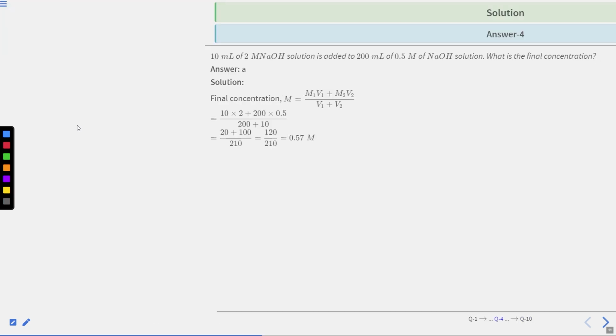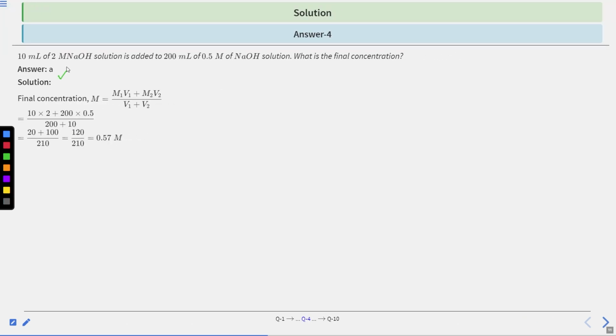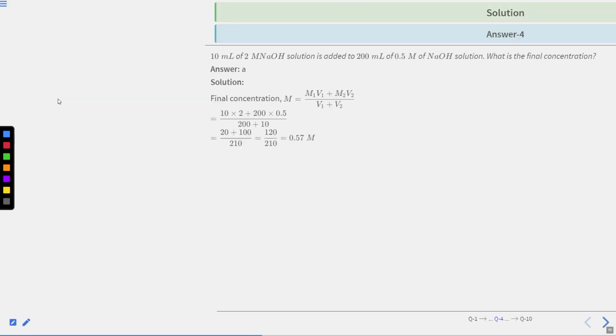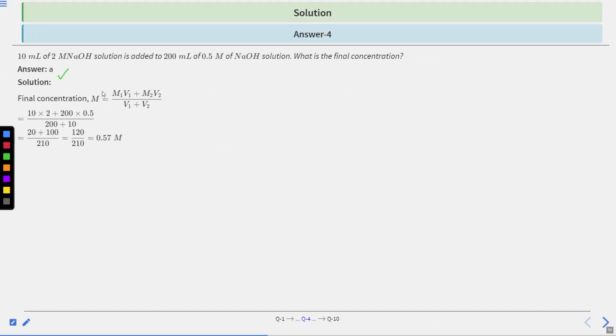Okay, so the correct option is A, that is 0.57 molar. Let's see how. We calculate the final concentration in the same manner as in the previous question. Final concentration M equals M1V1 plus M2V2 divided by V1 plus V2, where M1 and M2 are the molarities of the two solutions, and V1 and V2 are the volumes of the two solutions being mixed.